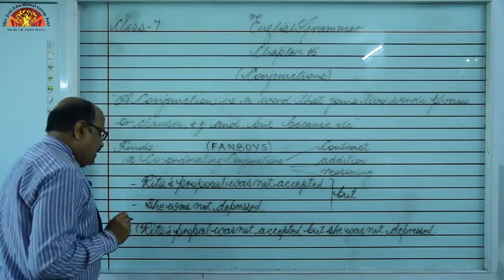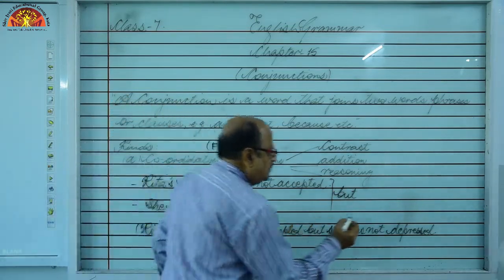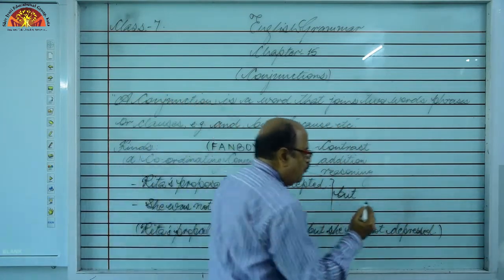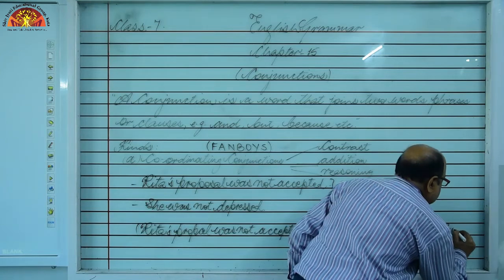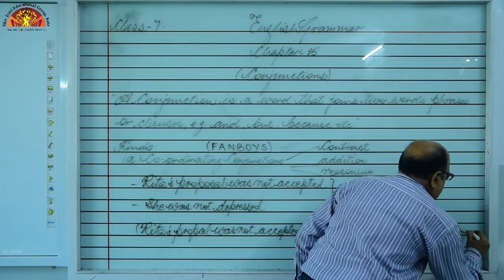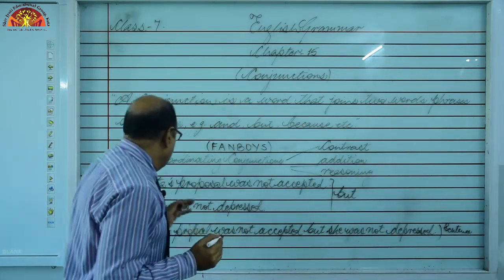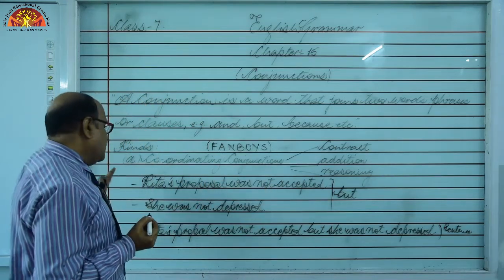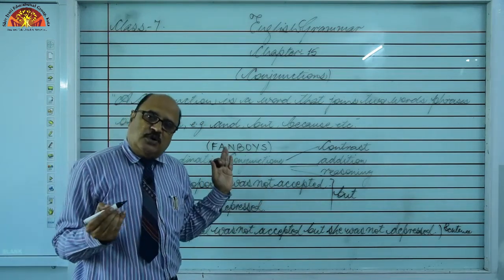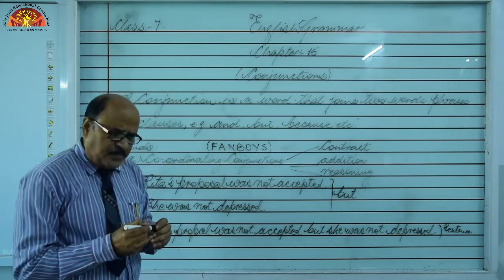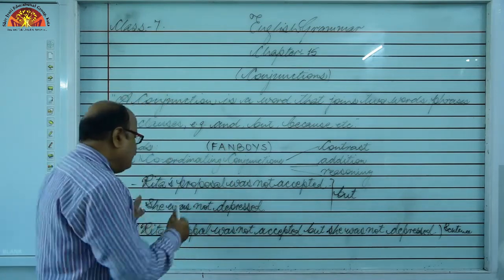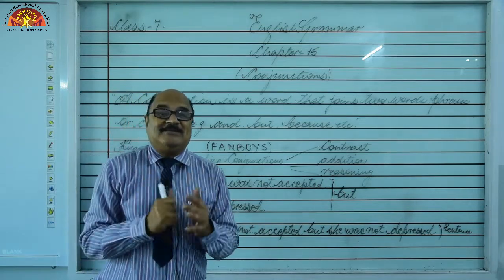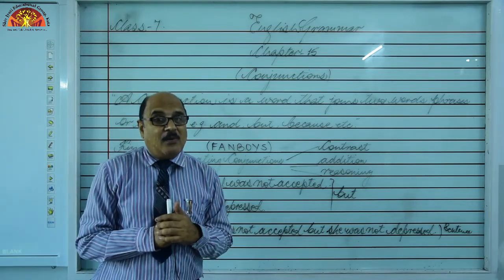From Rita, from the word Rita's to depressed, this whole group of words is known as a sentence. Okay. Earlier, Rita's proposal was not accepted. This was a sentence, and she was not depressed. This was also a sentence. But in one sentence, and we have joined them, so they will not be known as sentences any longer now, right?